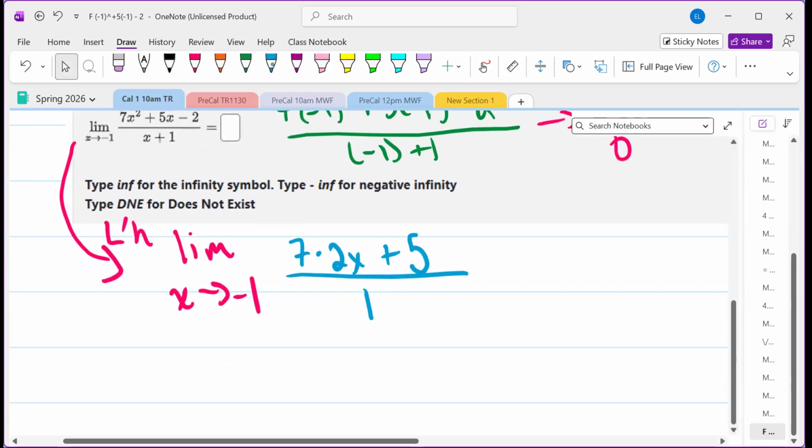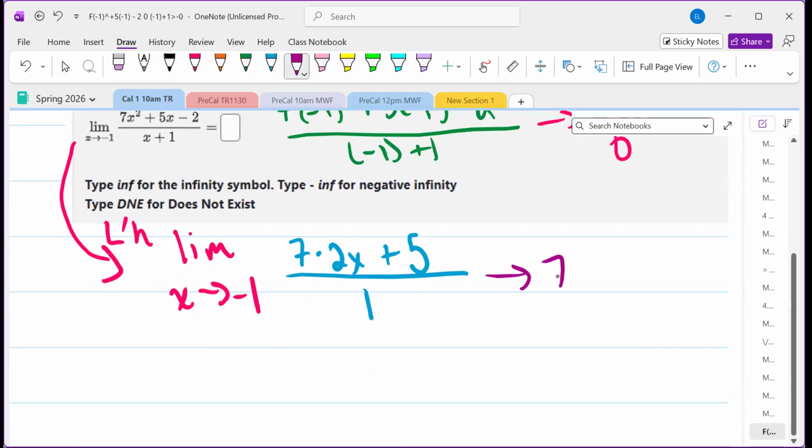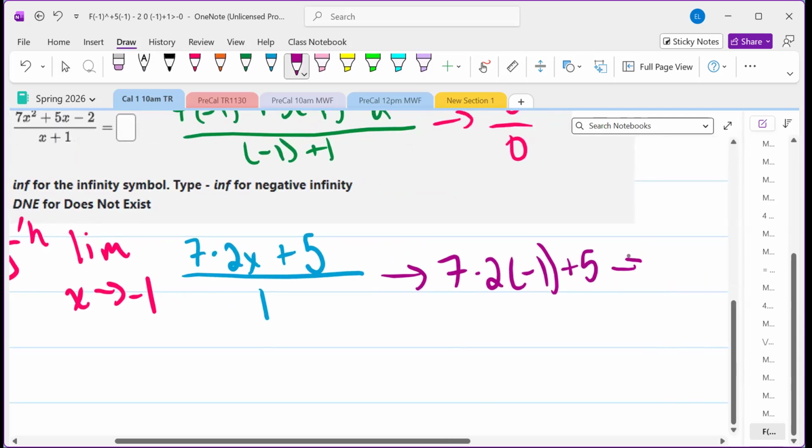So now that I have this set up, I can plug the number in here. So I have 14 times -1, -14 plus 5 is -9.